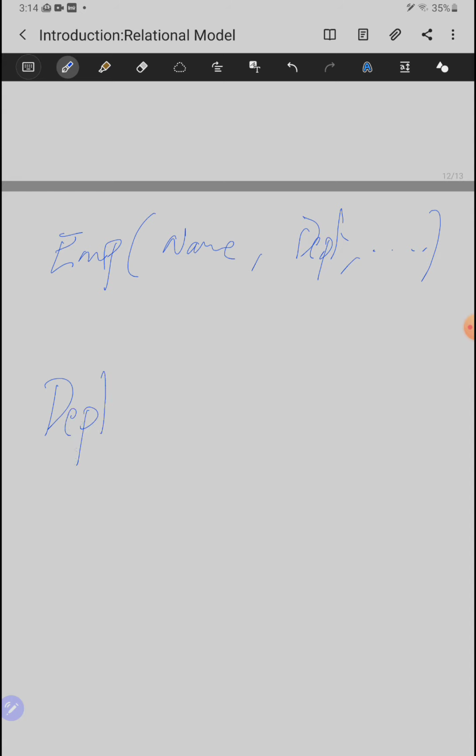Suppose we have another relation, department, which has some department identifier. This would probably be an identifier. Have a name. Maybe it has a building it's in. Maybe it has a budget. Whatever it has.